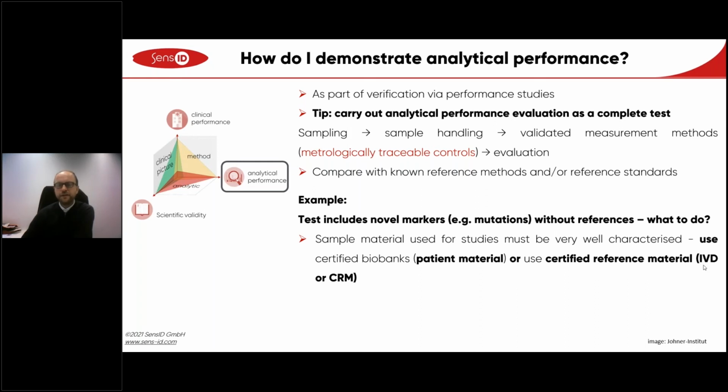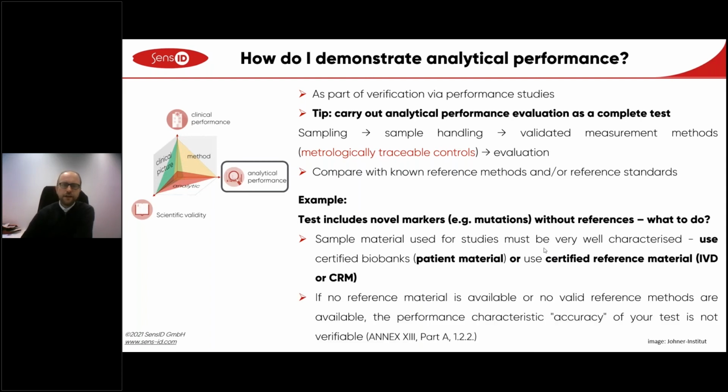One would be a CE IVD labeled reference material, or it could be certified reference materials. Certified reference materials are not often available for genetic tests nowadays, but CE IVD labeled controls can be provided, for example, by SenseID. So if no reference material is available, what then? Or if no valid reference methods are available, then the performance characteristic accuracy of your test is not verifiable.